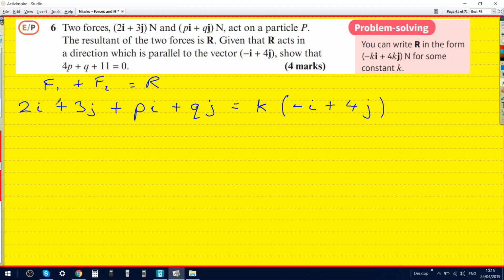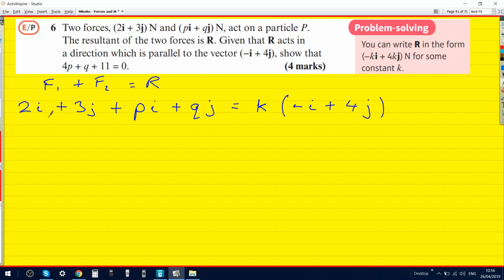Do we make K the subject? So, well, we've got a mixture of i's and j's here. So we divide the third vector. What if you were to just look at the i's separately?